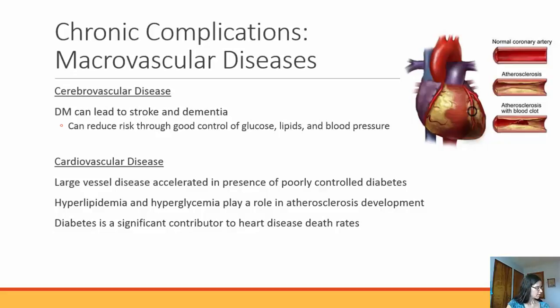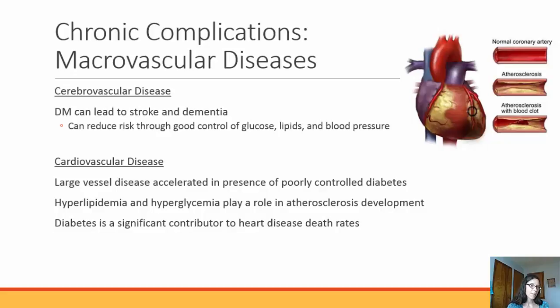Okay, we also can have cerebrovascular diseases. So diabetes can increase risk of stroke and dementia. Again, because we have just such high levels of glucose that it's actually toxic, but we can actually reduce risk for these complications through diet, just like we can reduce any risk of complications in diabetes through controlling our risk factors.